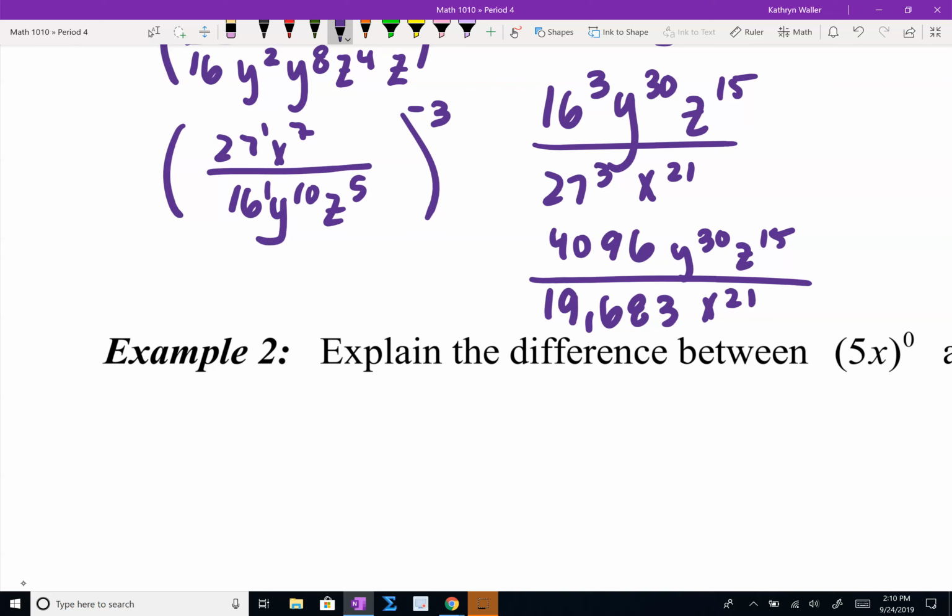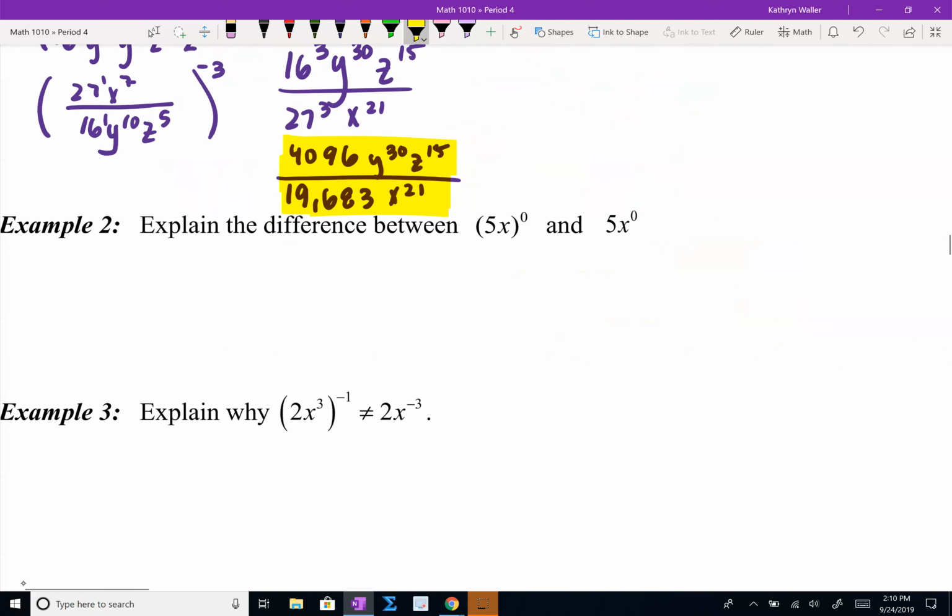Okay, we're just going to say that's it. Done. I don't think that'll reduce. I forget how to reduce on this calculator, but I think that's it.